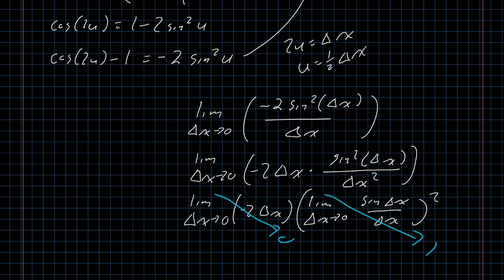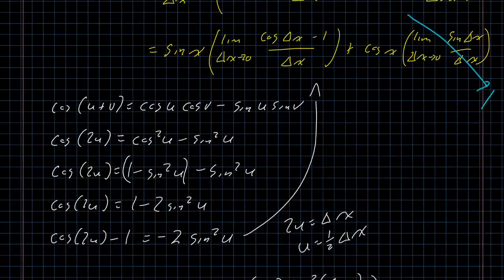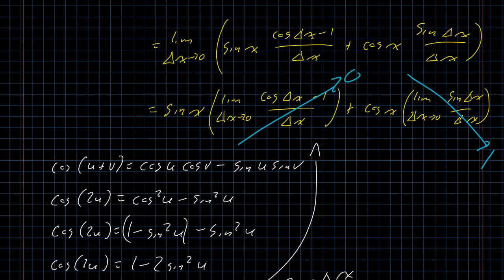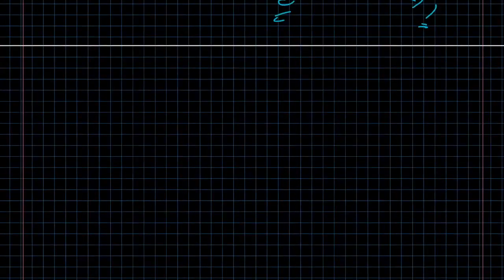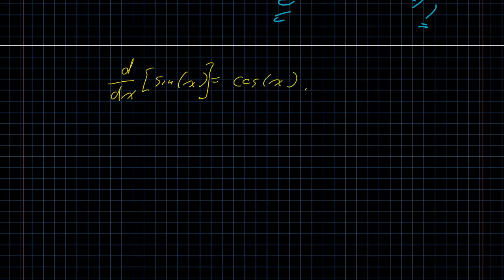And because this is finite and that goes to 0, I can come way back up here and say that this whole thing goes to 0. And so the only thing that's left is cosine of x. The derivative of sine of x is equal to cosine of x.